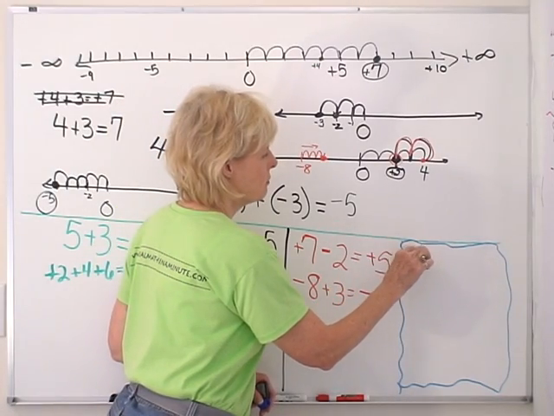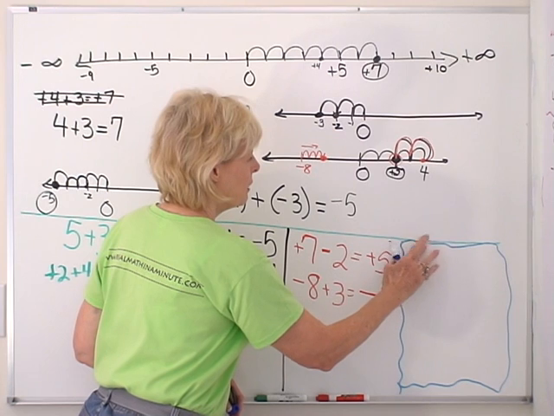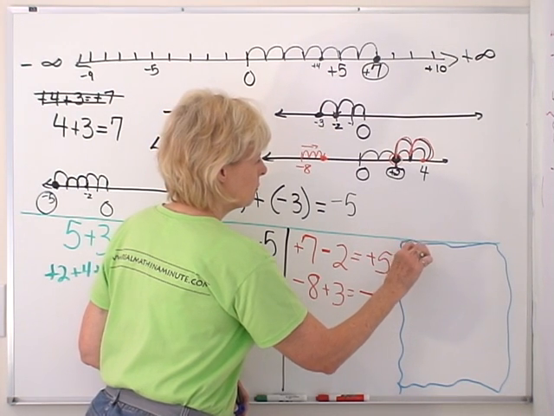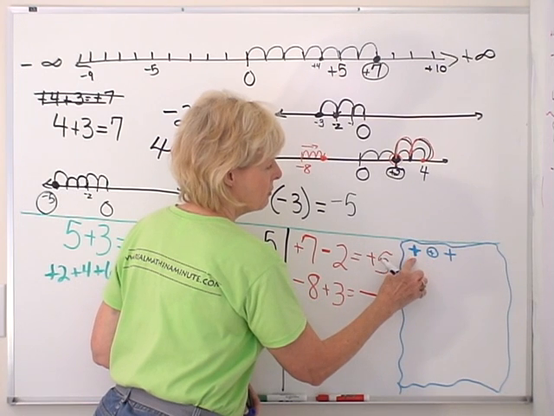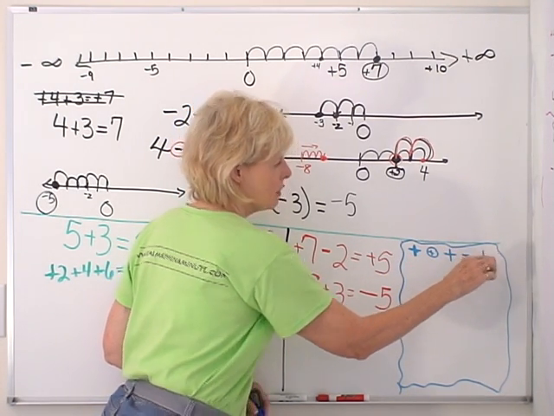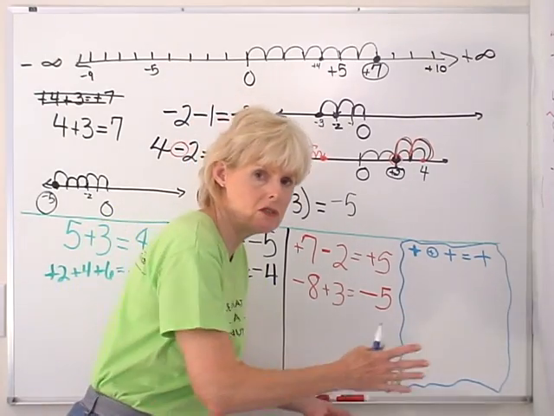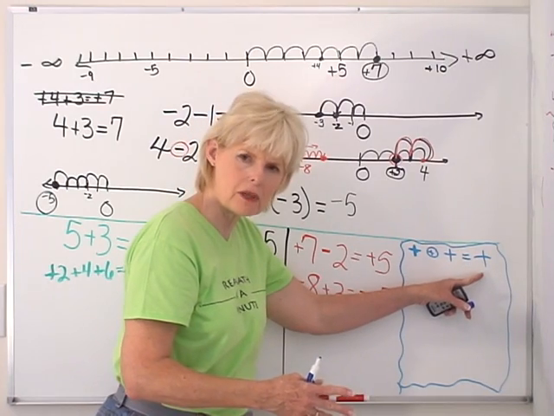If we're adding a positive, and then we're adding to that another positive, we've got a positive number plus a positive number, then we have to get a positive number. We've moved in the positive direction only on the number line, so we have to get a positive, don't we?